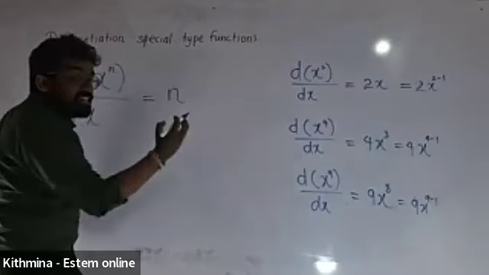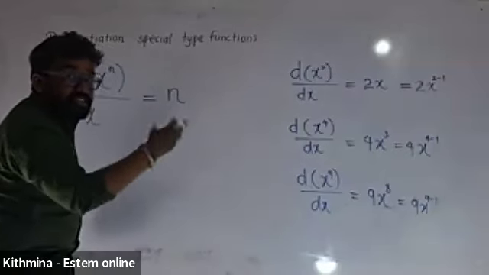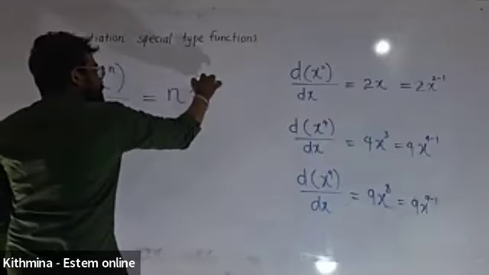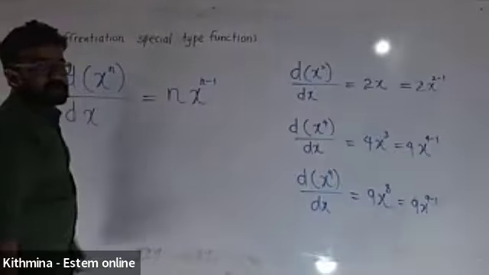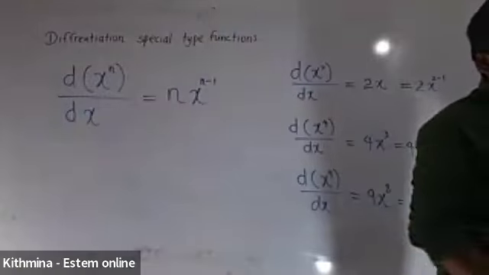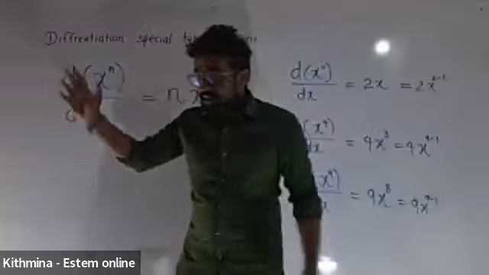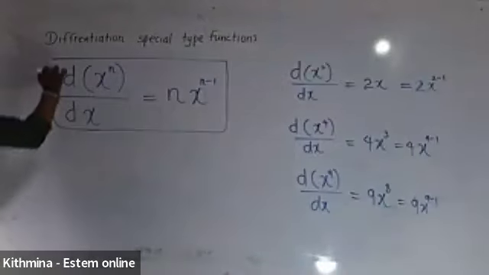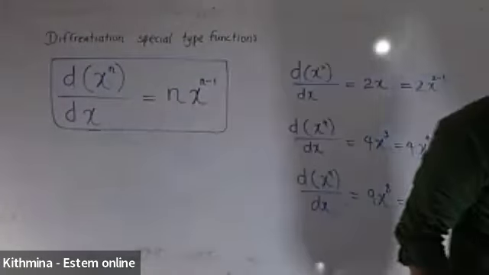Get the power in front as a coefficient, and the new power is n minus 1. If you are okay, please write that. You can highlight it or anything, but quickly.